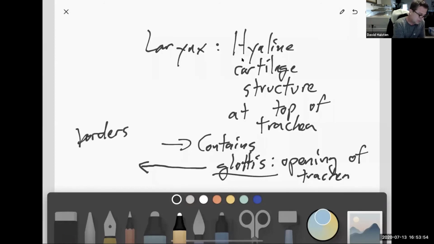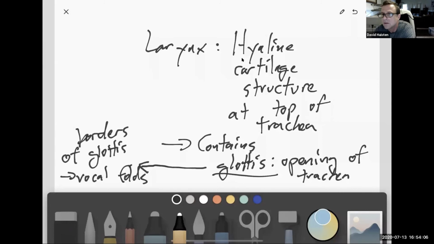The borders of the glottis are your vocal folds. Your vocal cords. So air moving through the glottis gives rise to sound production.